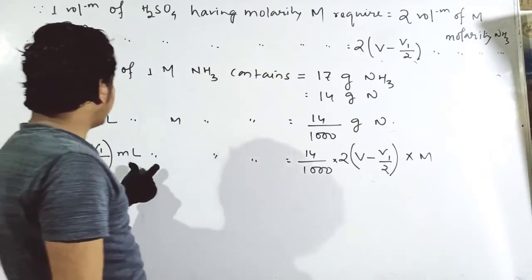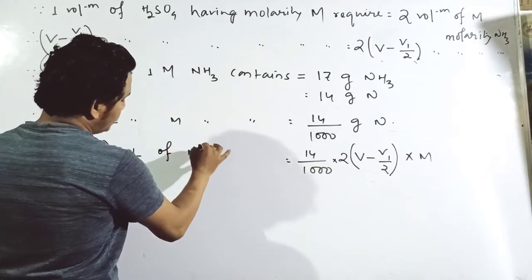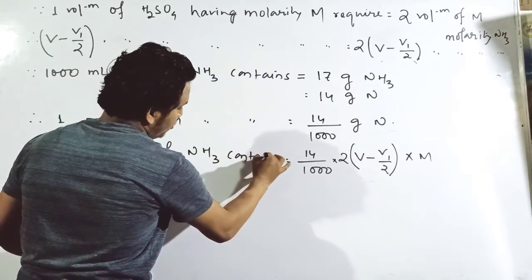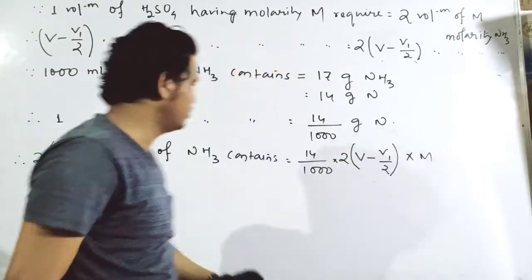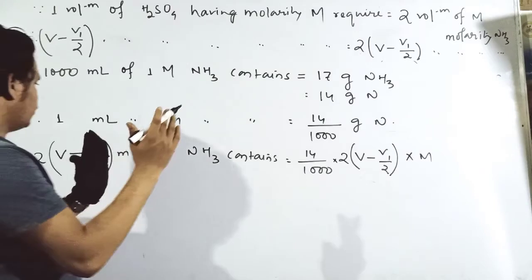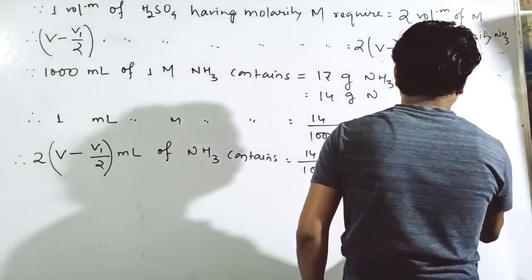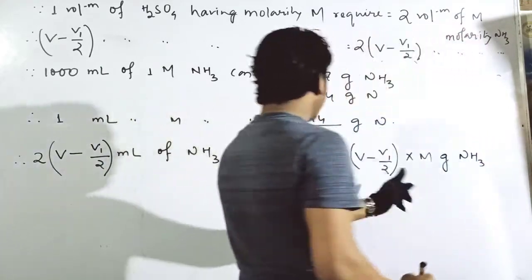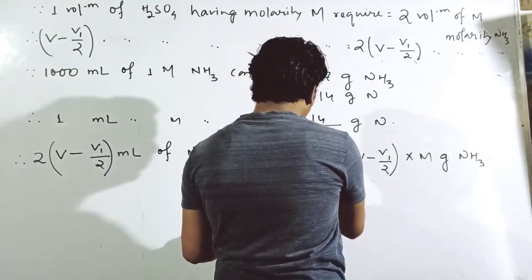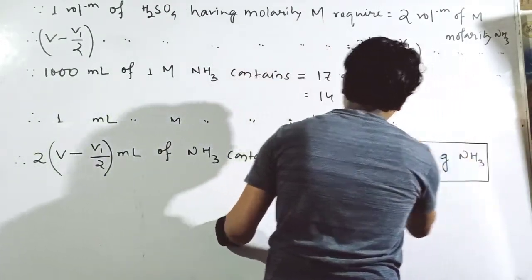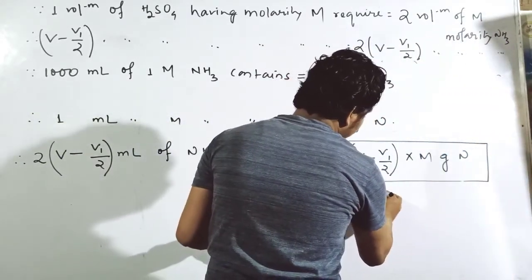So this much ml of ammonia contains this much gram NH3. What is this? Given mass of nitrogen. So we got the given mass of nitrogen. This is the mass of nitrogen, not ammonia, nitrogen.